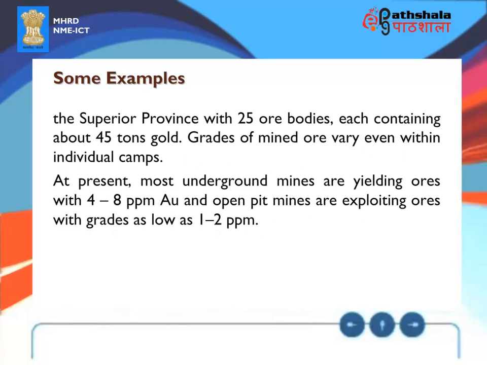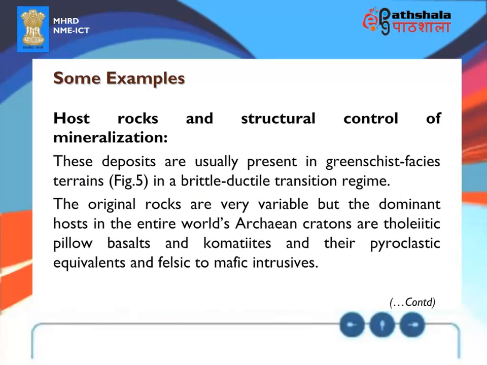For example, the Superior Province has 25 ore bodies, each containing about 45 tons of gold. Grades of mined ore vary even within individual camps. At present, most underground mines are yielding ores with 4 to 8 ppm gold, and open pit mines are exploiting ores with grades as low as 1 to 2 ppm.